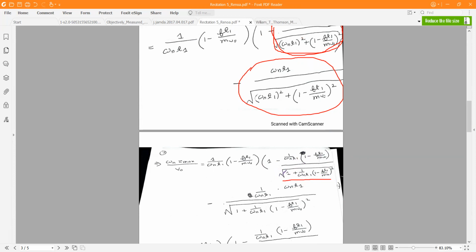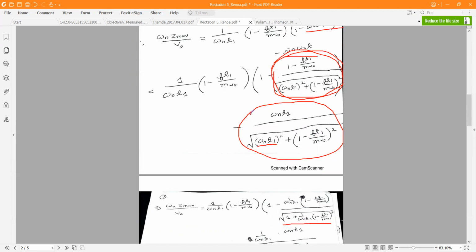If I take it inside the square root, then it would be (omega n t1) squared divided by (omega n t1) squared, which gives us 1, and here it would be 1 over omega n t1 multiplied by 1 minus F t1 over m v naught. Similarly, we're going to do the same for this equation.